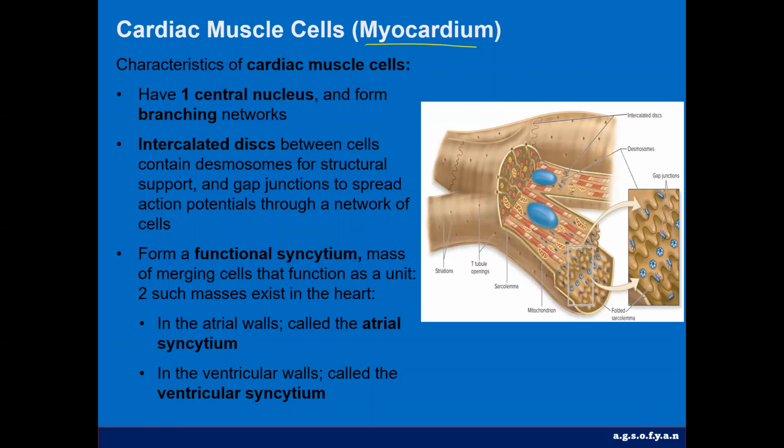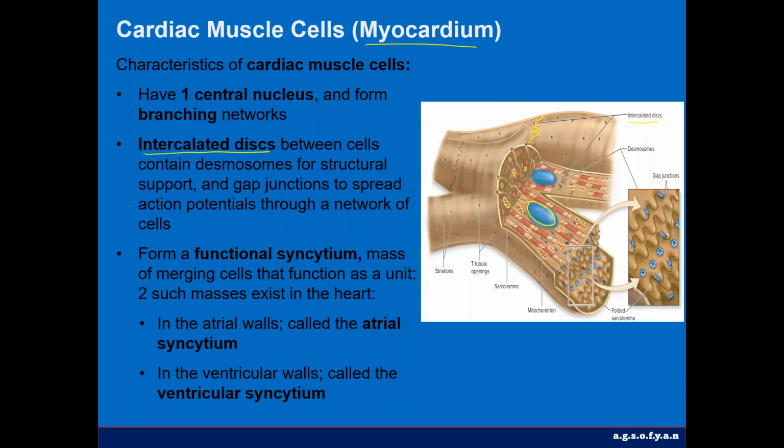Therefore, cardiac muscle only has one central nucleus, and we will be able to see the border between one cardiac muscle and another cardiac muscle. This border is known as the intercalated disc. The intercalated disc is the border between one cardiac muscle and another cardiac muscle.